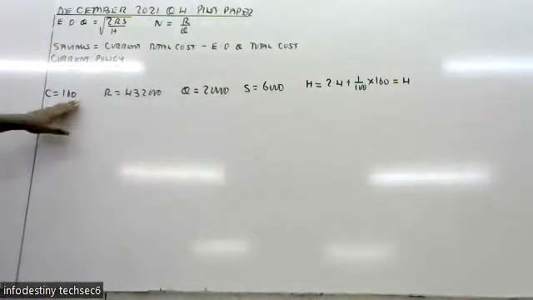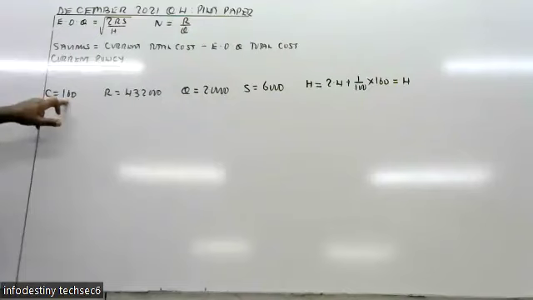Now, that means this formula is not going to be used here in the current policy because we already have Q. I should have written the general formula here, but now that I forgot, let's write it here.